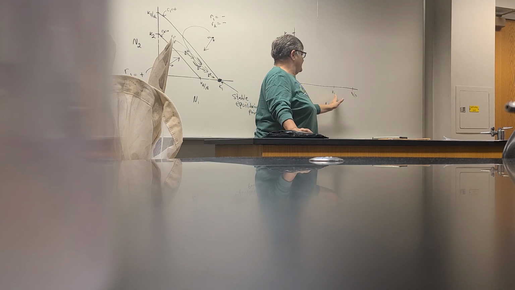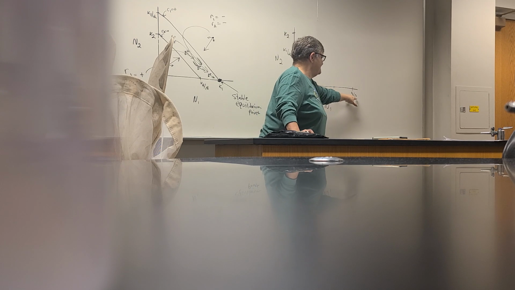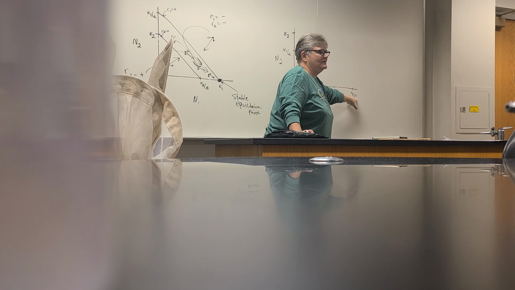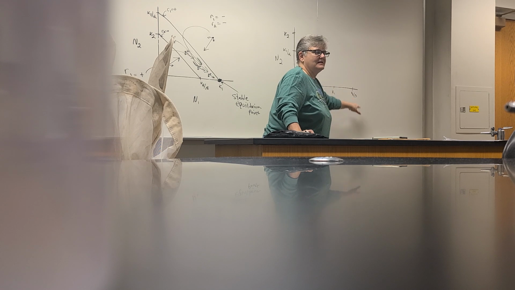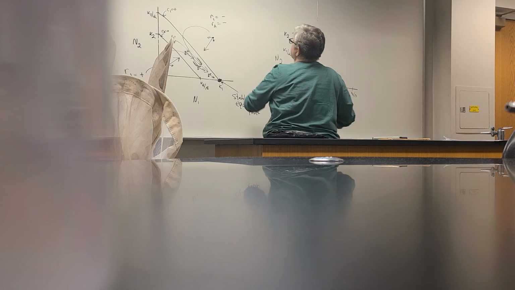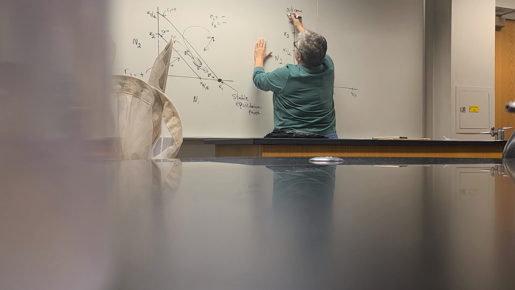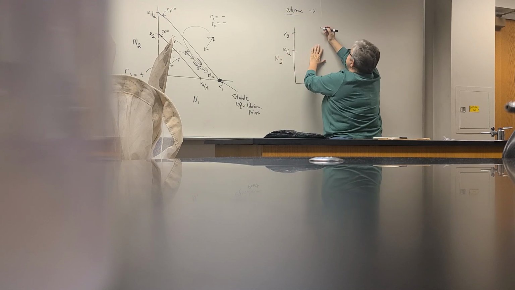Down here, however, K1, or how many individuals the environment will support for species 1, can only get to here, and they need this many individuals to outcompete species 2. So can they obtain that? No. And so what's going to be the outcome here before we even do it? The outcome is going to be species 2 wins.